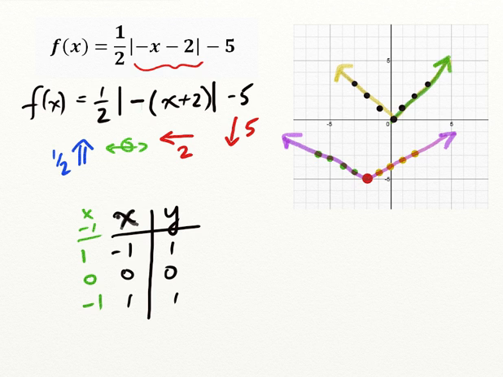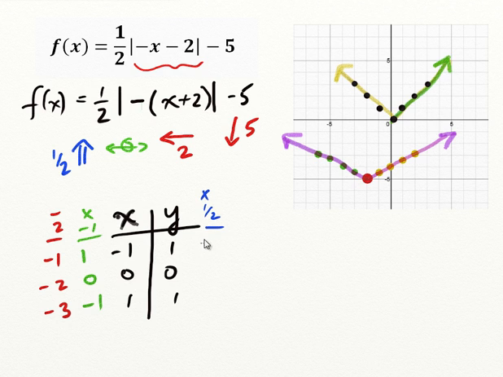Then I'm going to apply the red shift to the left of 2, so I'm going to subtract 2, and the 1 becomes a -1, 0 becomes -2, and -1 becomes -3. All right, let's consider the y. Well, the first thing I'm going to do with the y is I'm going to apply this vertical compression. So I'm going to multiply everything in there by a half.